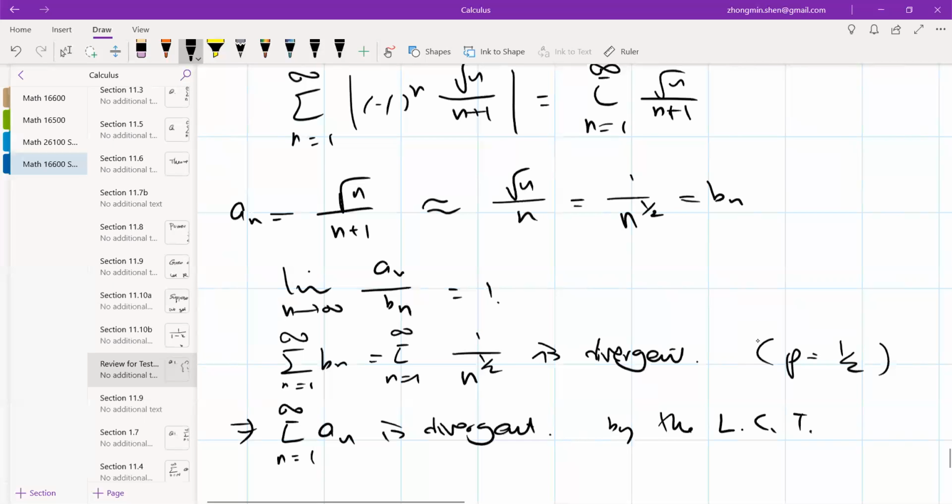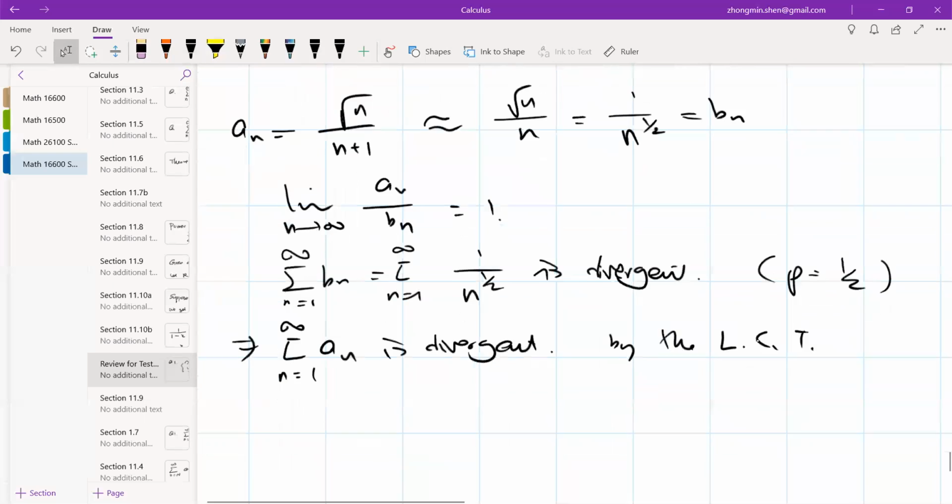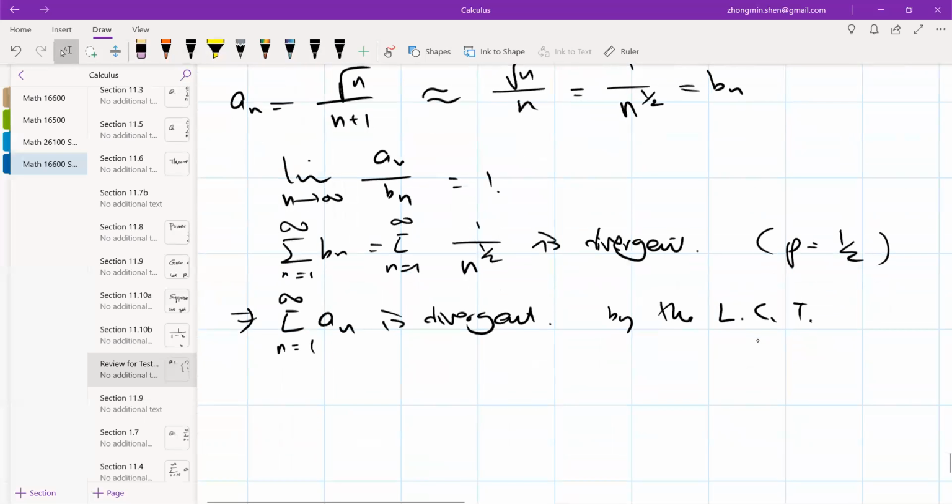If you don't see an exponential function or n factorial, don't use the ratio test or root test. They're not working. If you use the ratio test, you get the limit going to be 1, which is useless.